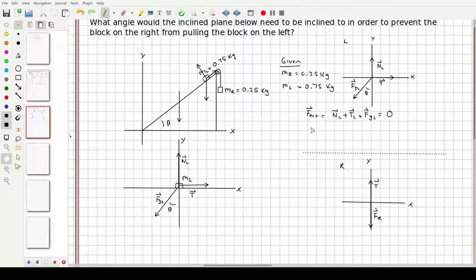Now, that means in the x direction, we're going to get 0, and also in the y direction, we're going to get 0. So what do we have going on in the x? Well, we have a tension that's very much positive, but then we have this force due to gravity here. It's its x part that's negative.